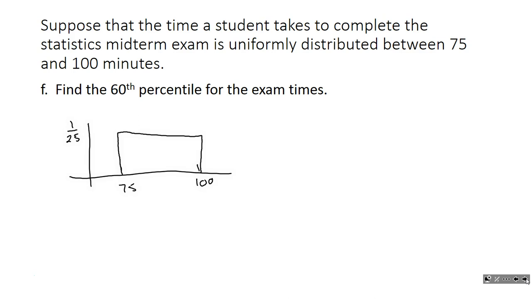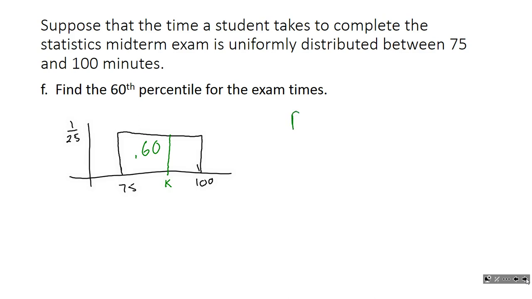So let's do the 60th percentile. Now we don't know where it occurs. It occurs somewhere between 75 and 100. Let's just let k be the value we're trying to find. It'll be some number between 75 and 100. And we want this area to be 0.60 since it's a 60th percentile.